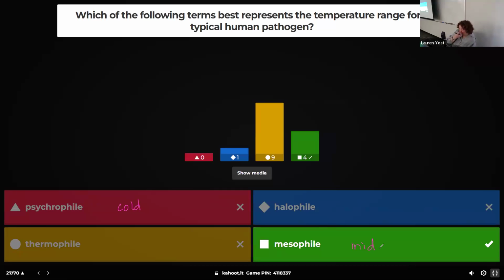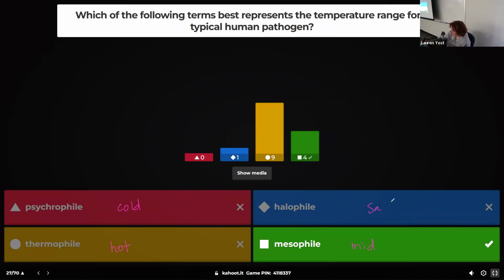If it's hotter than you can survive at, that's thermophiles. Thermophiles are organisms that like it hotter than what you typically would survive well at. We even have extreme thermophiles, which will flourish above boiling. It's crazy, but they actually prefer to be above boiling temperatures.